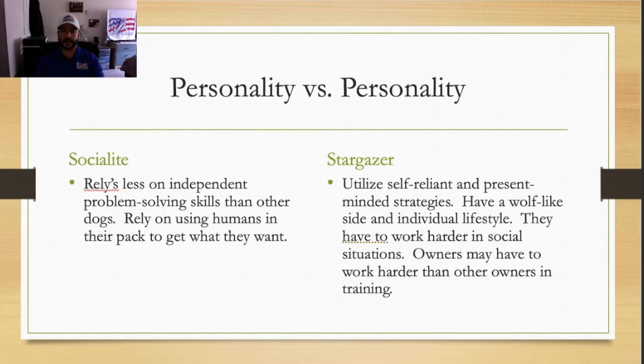So with that being said, how does that play into training? Yet again, if we go back to the socialite and the stargazer, like I said, this dog is going to be very, very easy to train, whereas this one is not going to be very easy to train.